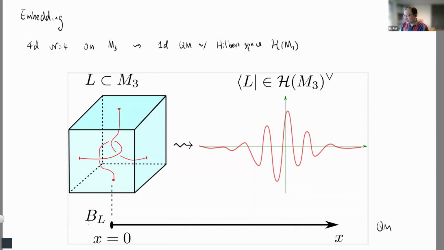To get a state in that Hilbert space, what I can do is to pick some initial condition. And now I need to describe that initial condition. But fortunately, this boundary condition is already described by Witten.